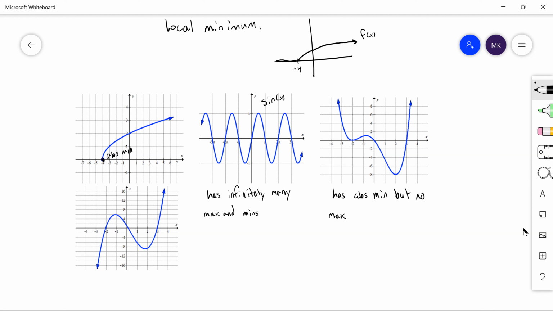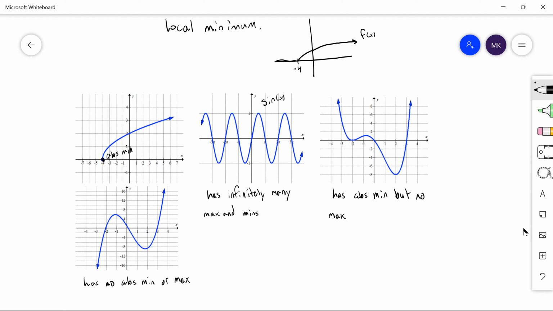And this last one here has no absolute min or max. It does have local min and max, right? We've got locals here and here, but it doesn't have any absolutes. Does that make sense to you guys? Yeah. All right.